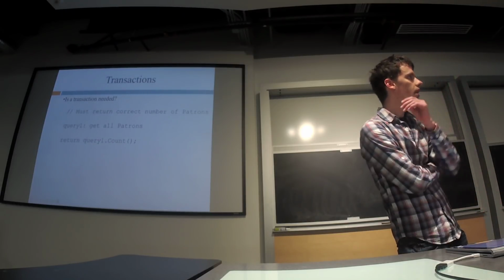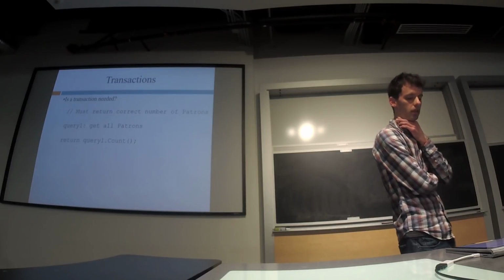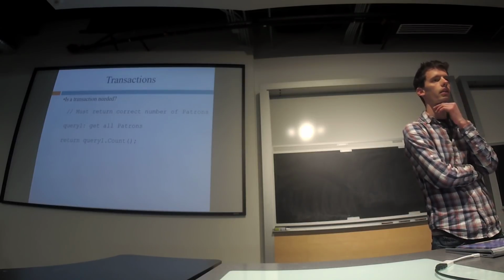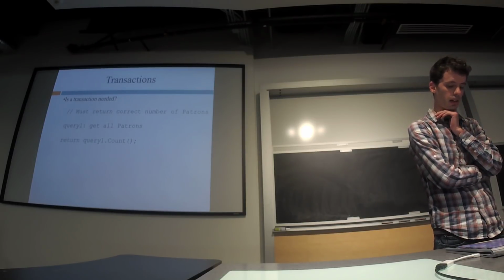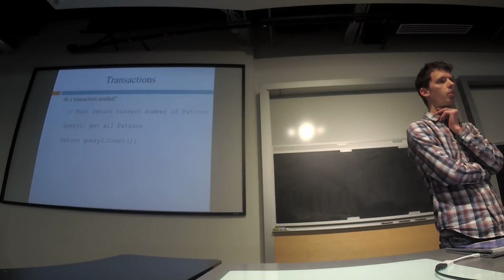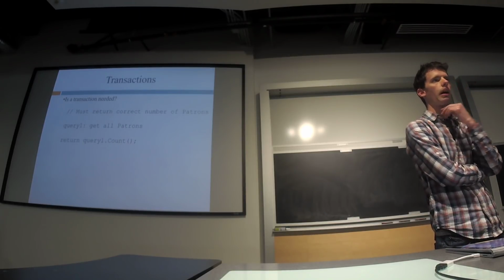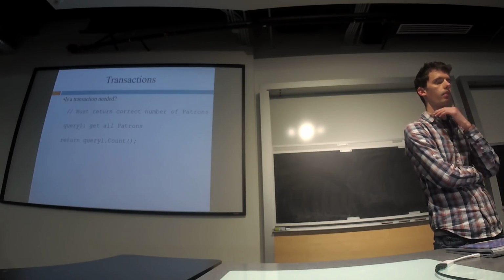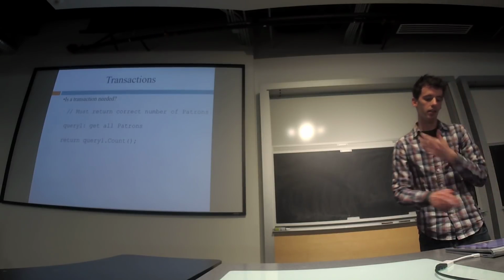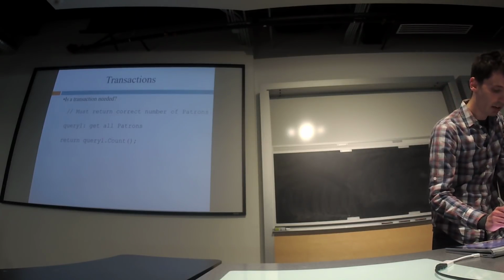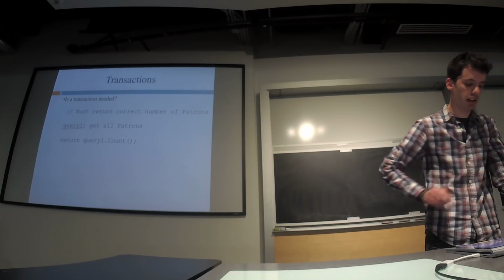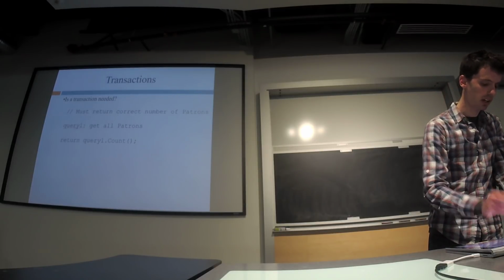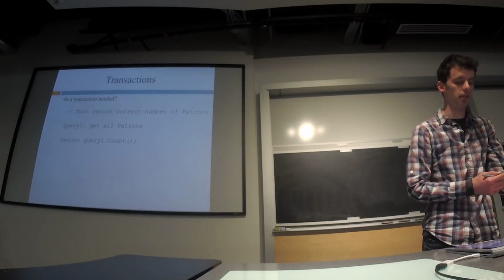Okay, transactions. So we have some controller, and it has to return the correct number of patrons at the time when the controller was invoked. And all it is, you write some LINQ query that's get all patrons. So it's just going to be like select star from db.patrons.